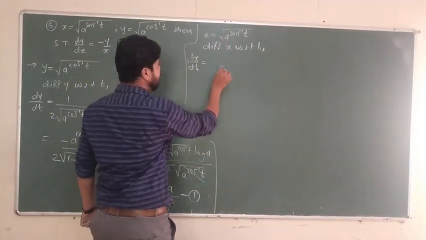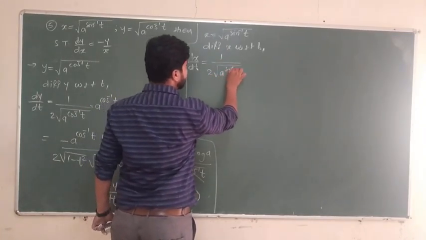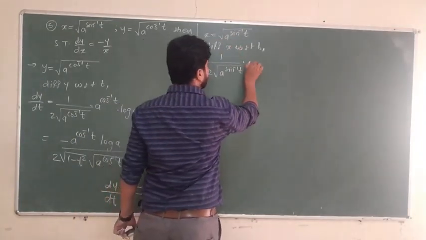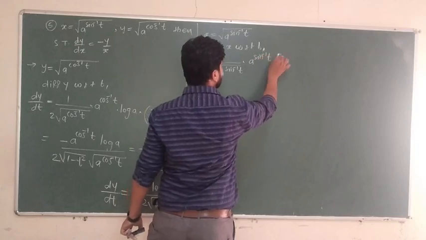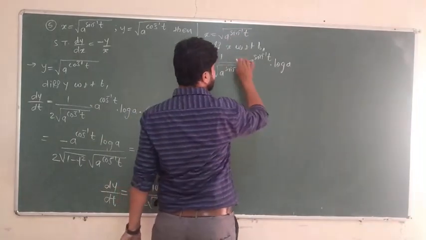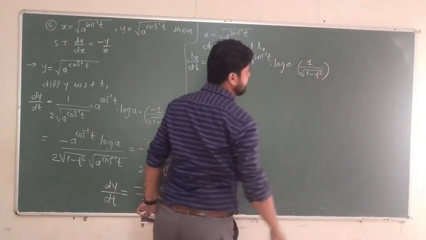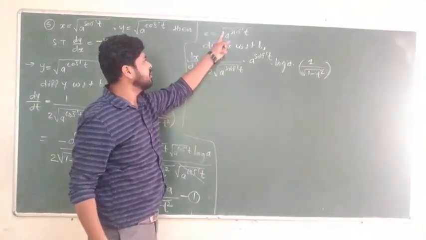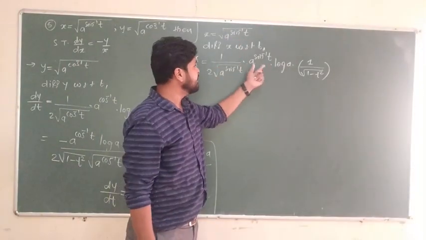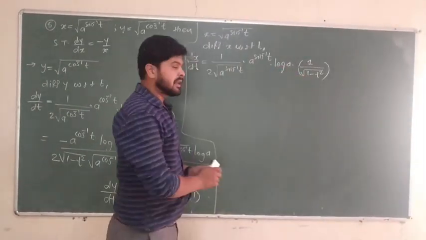First, the derivative of the square root function, which is 1 upon 2 root a raised to sine inverse t, into the derivative of a raised to sine inverse t, which is a raised to sine inverse t into log a, and into the derivative of sine inverse t, which is 1 upon root 1 minus t square.